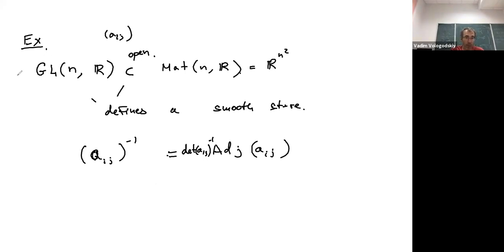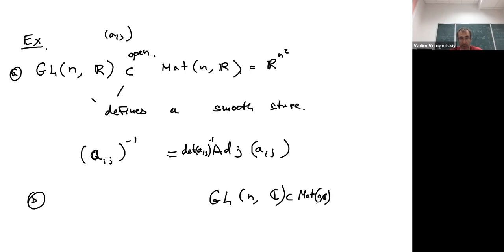So what else can you do? You can take various subgroups here. For example, you can also take matrices with complex coefficients. You can think of this as a subspace of a complex vector space.